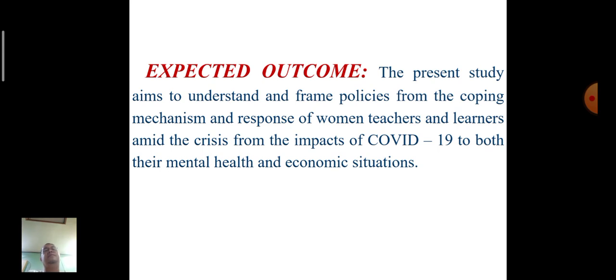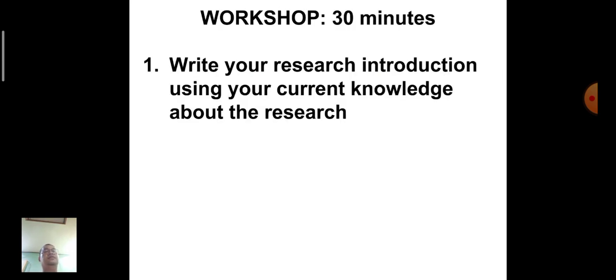We do want to understand by getting the information and facts, but beyond that, this expected outcome states that it wants to frame policies from the coping mechanism and response of women teachers and learners amid the crisis, from the impacts of COVID-19 on both their mental health and economic situations. So it goes beyond understanding or getting the facts. It wants to frame policies. So that's how to write the introduction.